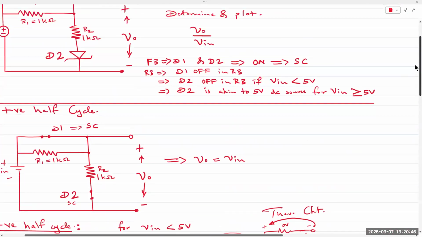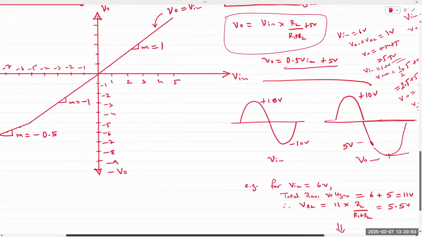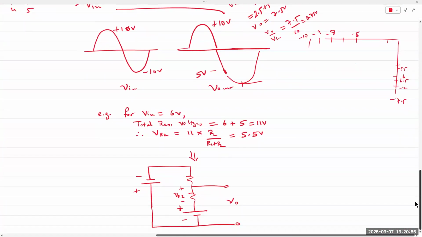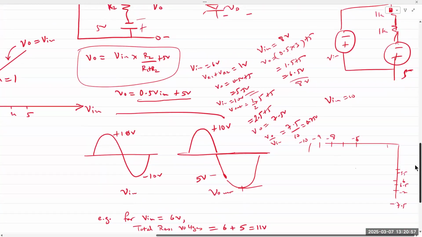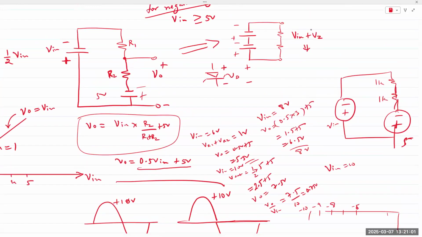My circuit. For this case it was 11 volts.